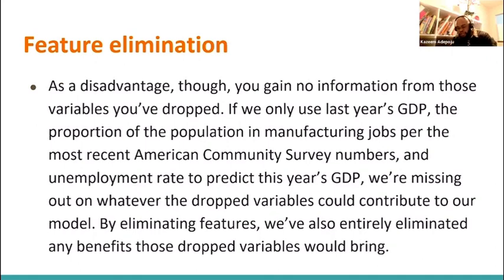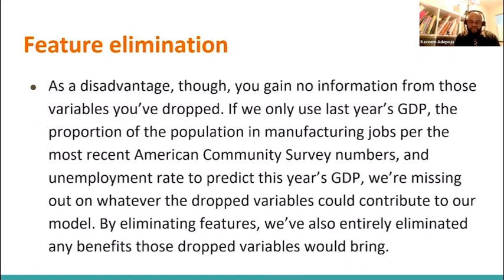Now, what is the disadvantage? We know the advantage of feature selection is that it enables me to have few variables in my model, and when I got few variables, my interpretation is going to be great. But what will be the disadvantage? The ones that you drop, you gain no information from those variables, because by dropping them, you've lost information about them forever.